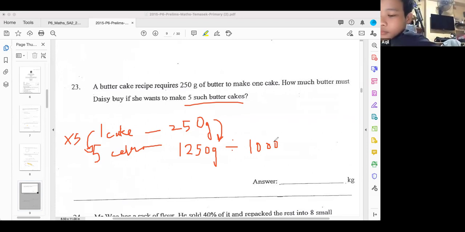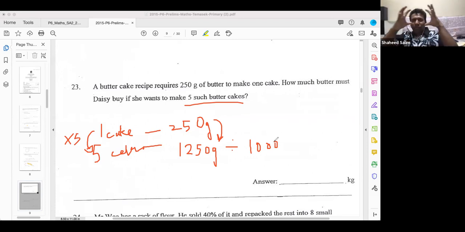Let's say in one day we eat one big cabbage, this much, right? So down here, you shift 3 zeros: 1, 2, 3, 1.25 kg. There's a point here. Okay? 1.25 kg, yeah?